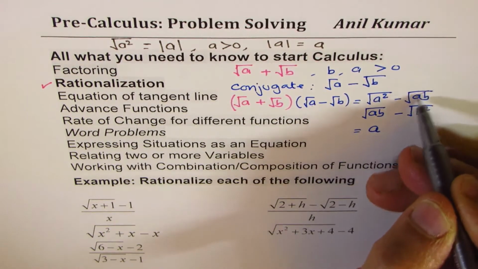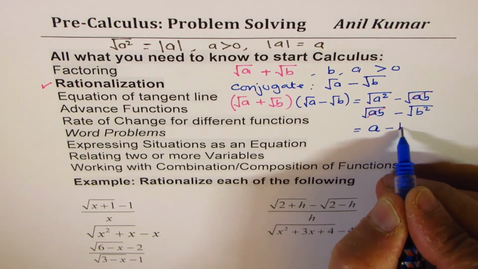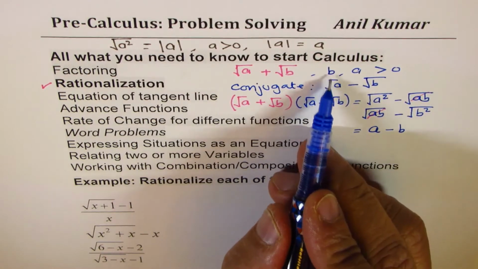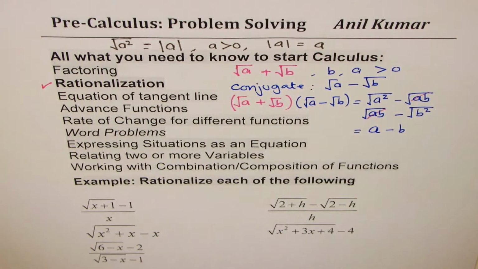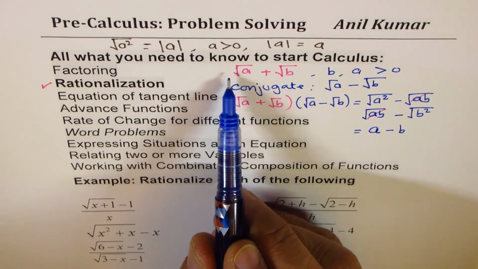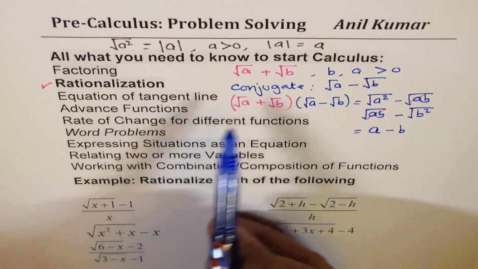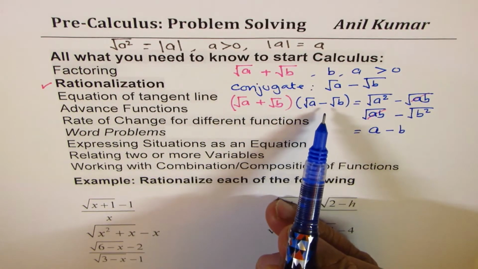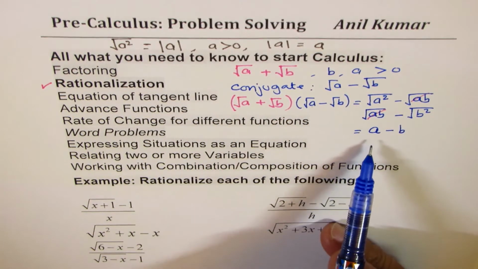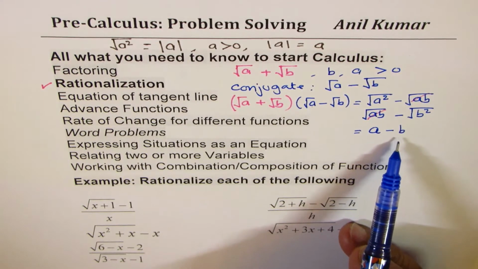Now here these two cancel out and square root of b square will be b, since b is also greater than 0. Perfect. So what you've seen here is that the radical expression square root a plus square root b, when multiplied by its conjugate, results in the difference of a and b. Much simpler term to understand.